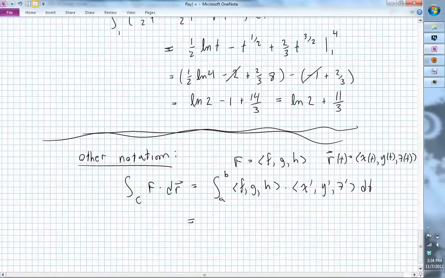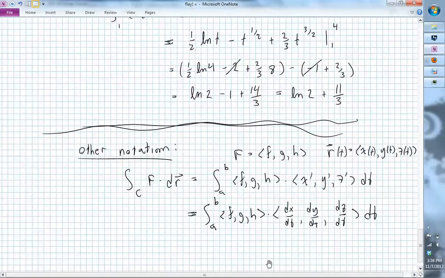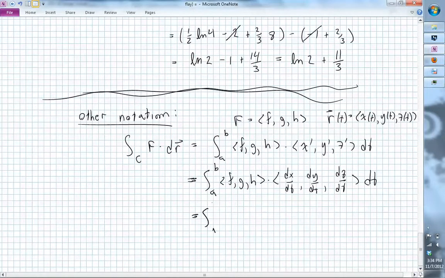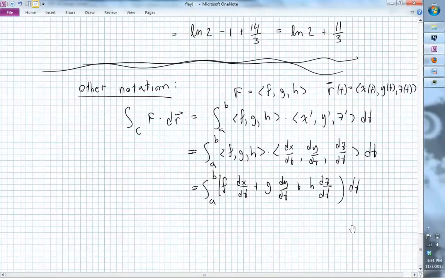Now each of those primes is really dx/dt, dy/dt, dz/dt, and then there's another dt out there. If I do the dot product, all those dt's go away, and I get the new notation that you will often see.